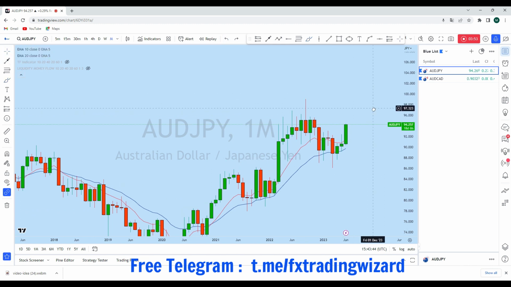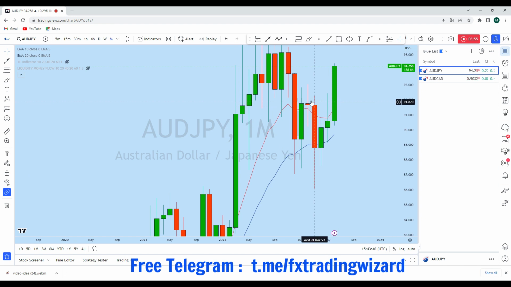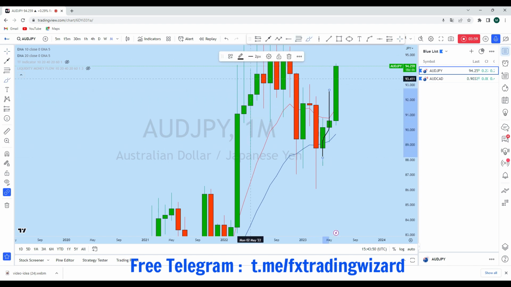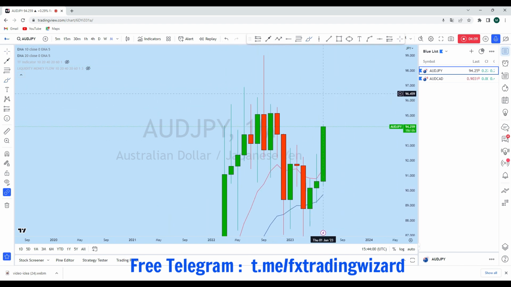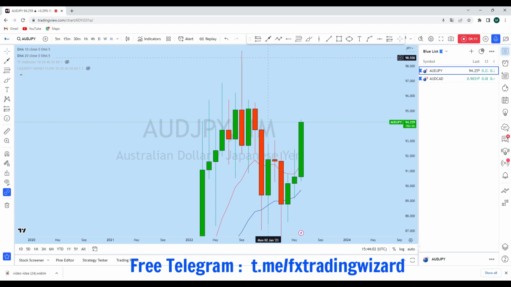Now with that long-term bull market, we saw that AUD JPY in previous months had a doji. Now this month, once the market opened, it had a strong bounce, breaking all this recent resistance zone, and we can expect AUD JPY to move to the upside as there is a long wick candle on the monthly, and this zone has not been tested yet, so we can expect AUD JPY to go ahead and test this level.